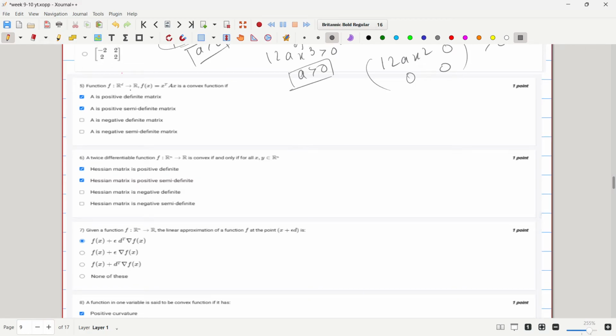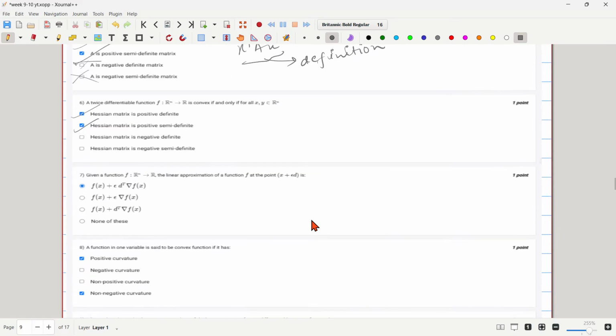Now, this is x transpose Ax. This is about the definition part of week 8. So x transpose Ax is a convex function when A is positive or semi-positive. It should not be negative or semi-negative. A twice differentiable function is convex if and only if the Hessian matrix is positive definite or positive semi-definite.